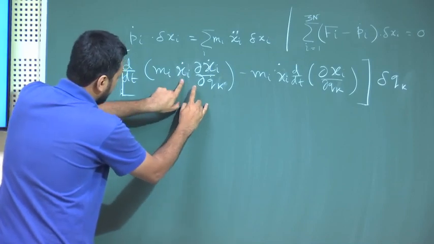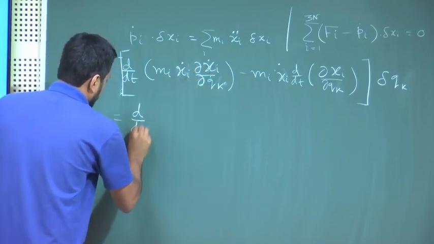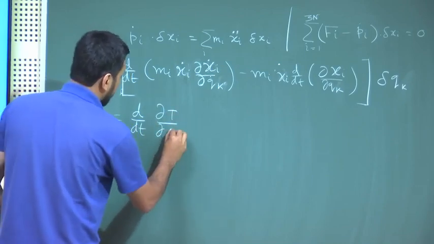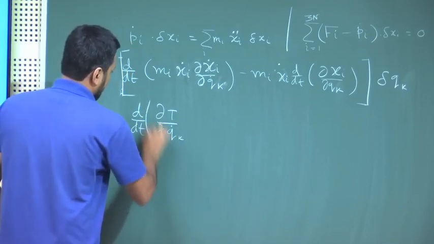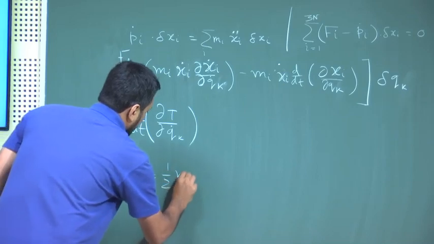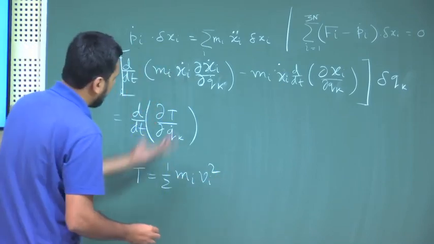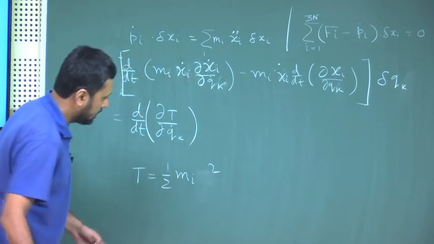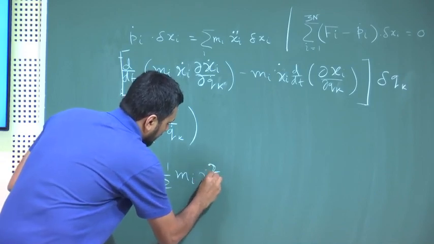So, this is a velocity term, this is also a velocity term, and we could write the first term as ddt of del T del qk dot, where T is given by half mi vi square, where vi is xi dot. So, we can also write xi dot square.